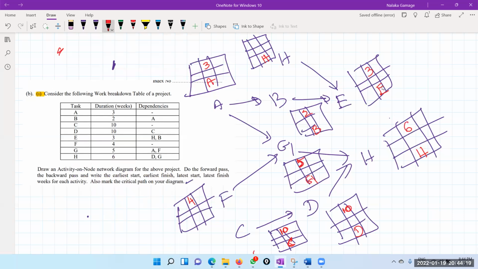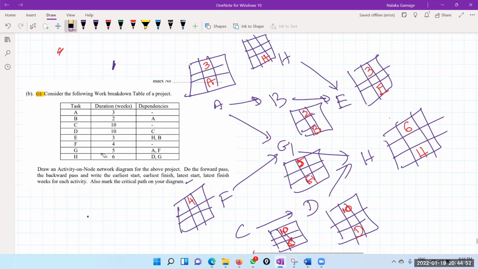Let's double check again the dependencies. A is independent. B depends on A. Correct. C is independent. D depends on C. Correct. E depends on H and B. Because if the dependencies are wrong, everything is wrong.